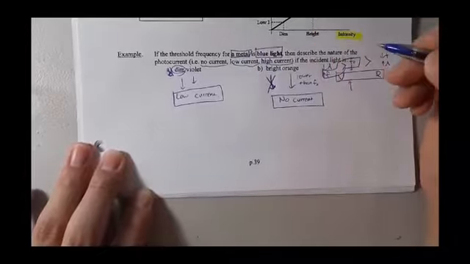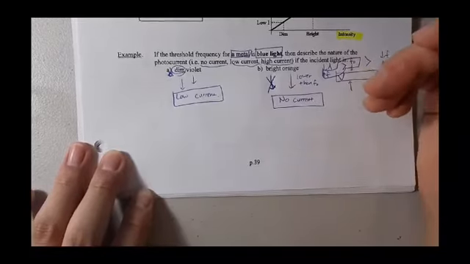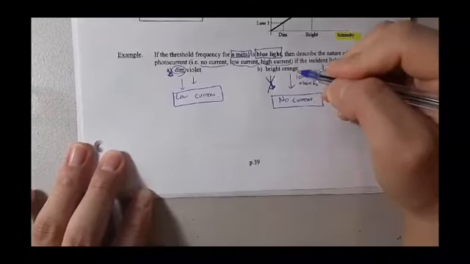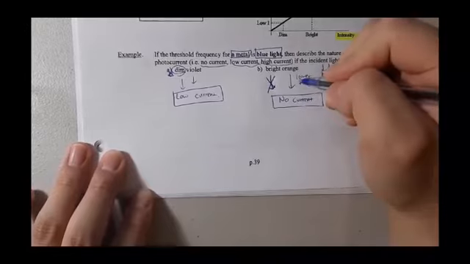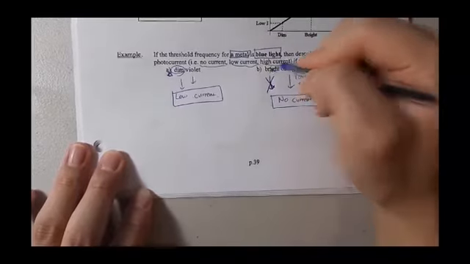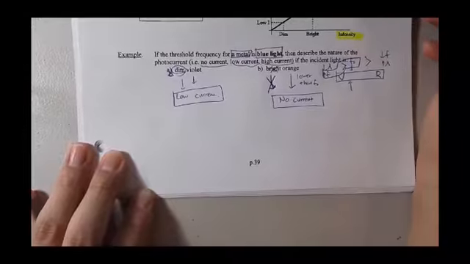For bright or dim light to matter for the current, there is a basic condition: the frequency should be higher than the threshold frequency. And this doesn't fit that first category, so bright and dim is out of the picture. Whatever the orange color, no current at all.